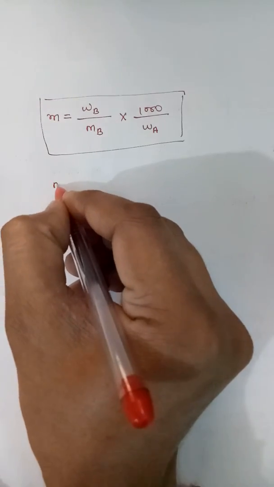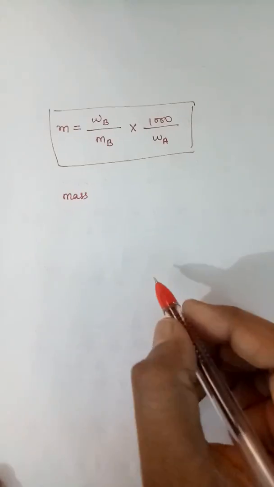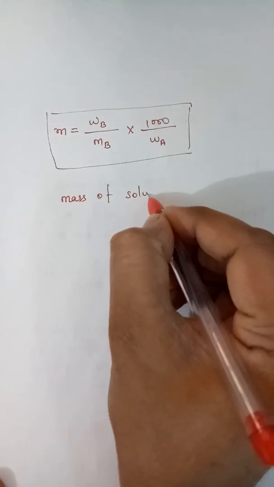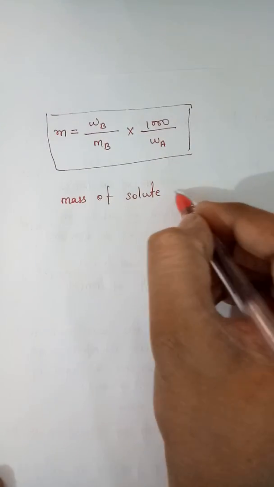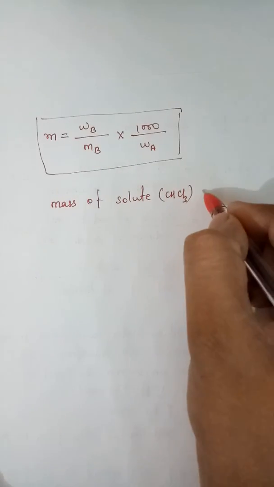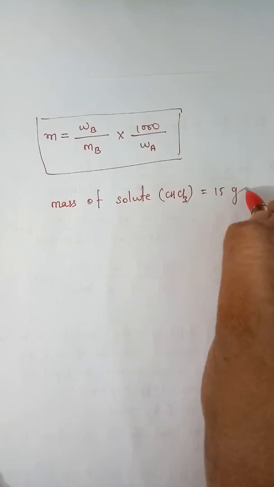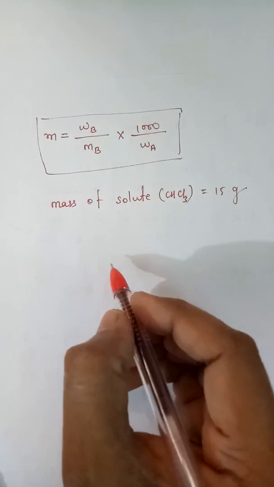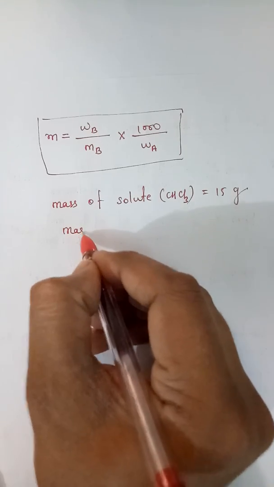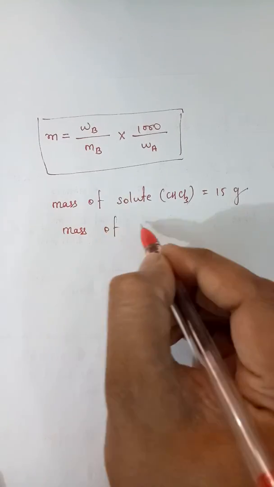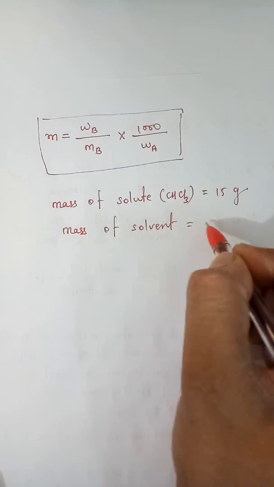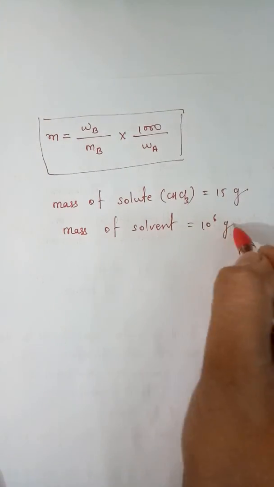Mass of solute, that is chloroform CHCl3, is 15 gram, and mass of solvent we can take as 10 to the power 6 gram.